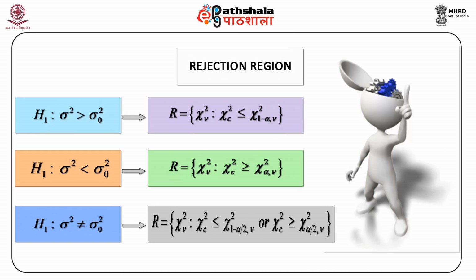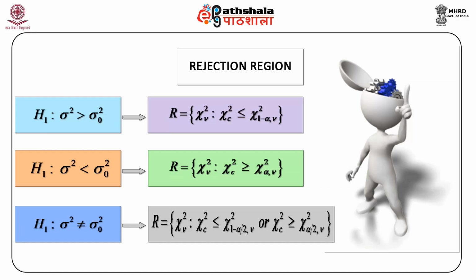For the alternative hypothesis H1 that sigma squared is greater than sigma squared naught, the rejection region R is all values of chi squared nu such that the calculated value chi squared C is less than or equal to chi squared 1 minus alpha, nu.